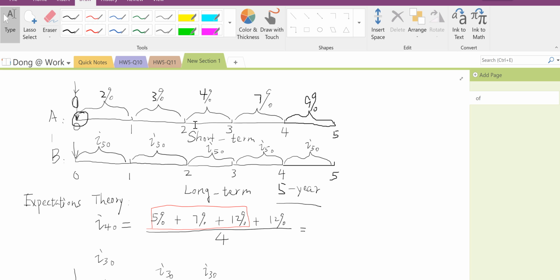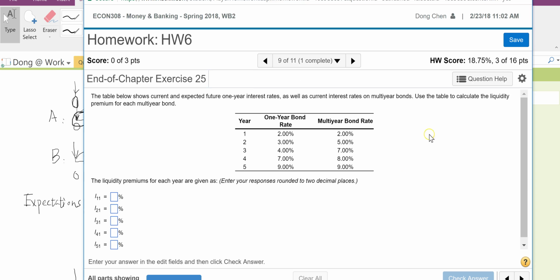So in order for investors to be willing to buy long-term bonds, the only option is to increase the interest rate offered by the long-term bonds. You cannot simply make the long-term rate the average of the short-term rates, but you have to add some premium. That's called the liquidity premium.